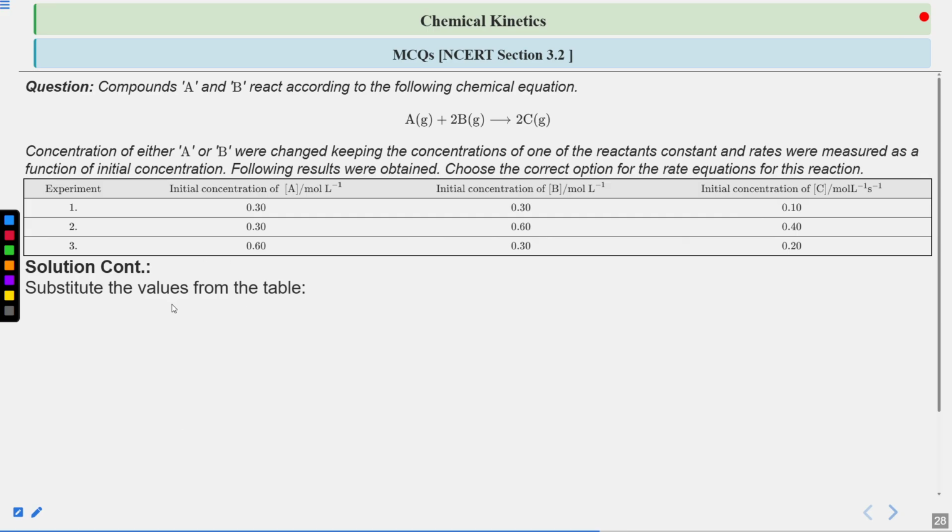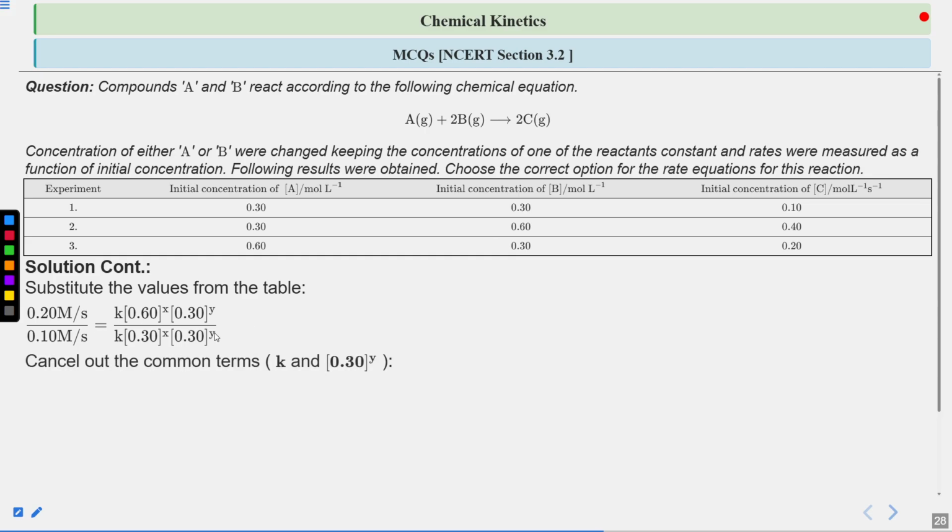Now we substitute the values from the table. This is the equation, and when you cancel out the common terms, that is k and 0.30^y, after solving you get 0.20/0.10 equals 0.60^x upon 0.30^x.